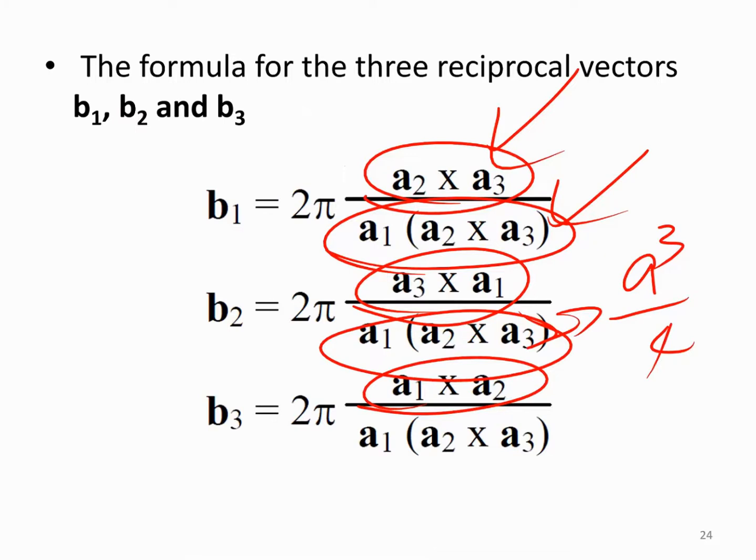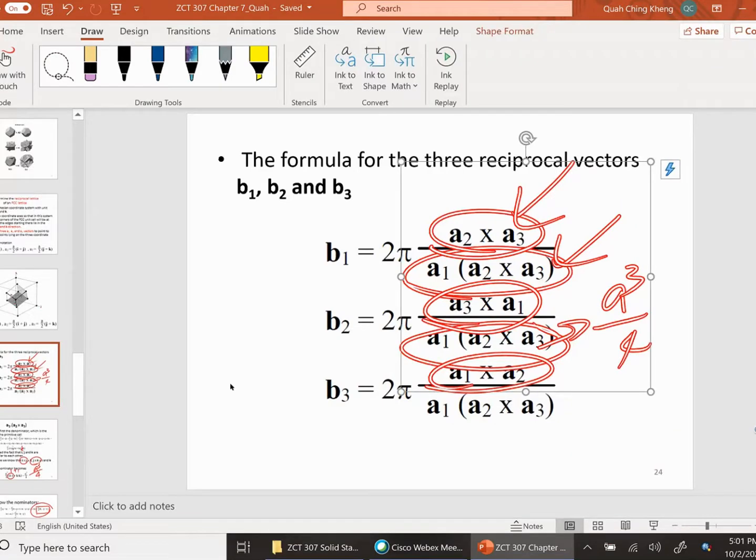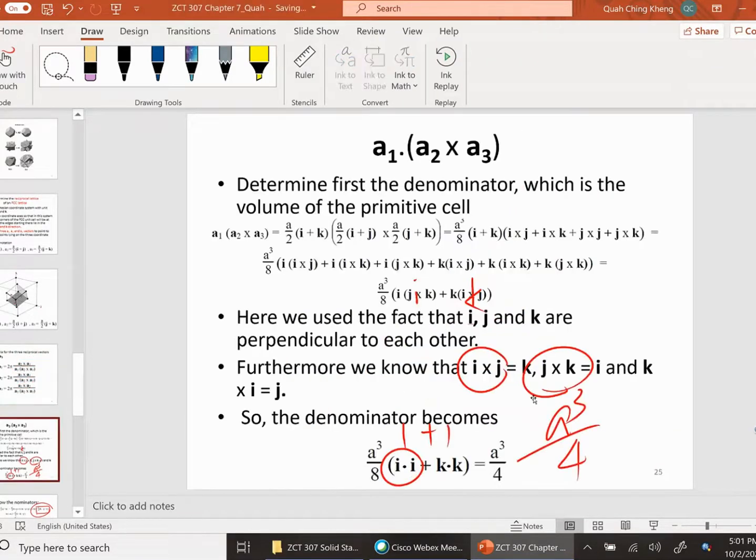So now, this is the formula for the three reciprocal vectors b1, b2, b3.